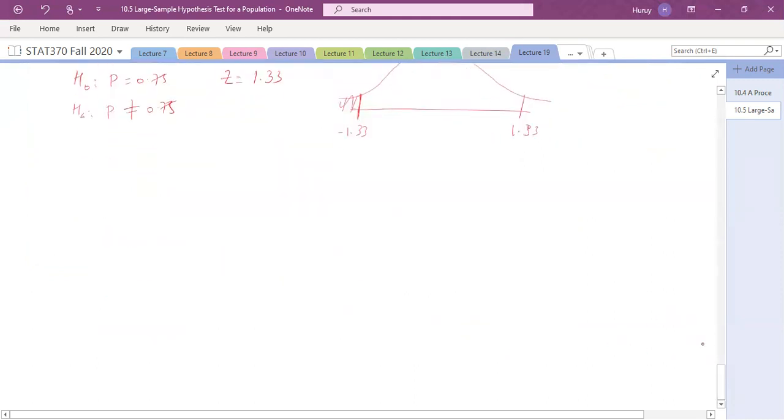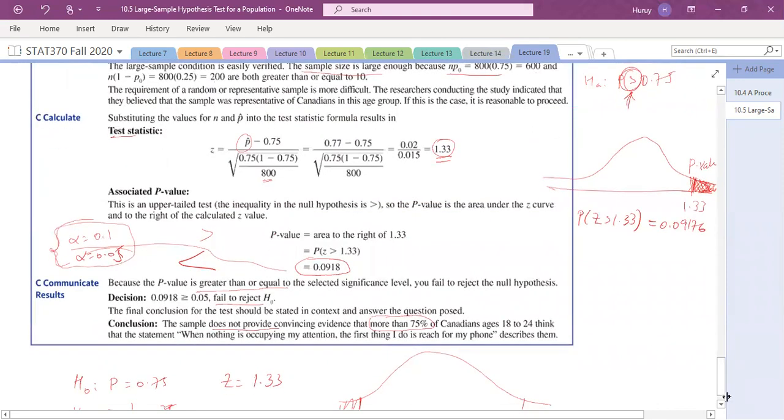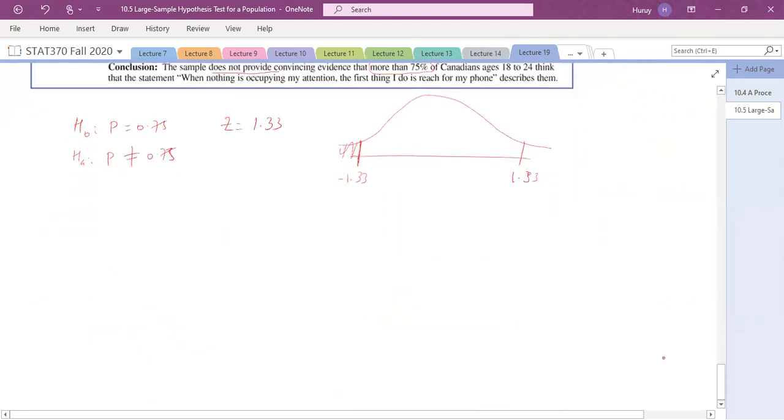So the p-value for this one will be 2 times the probability of z greater than 1.33. The reason I use this one is because we already have this area.